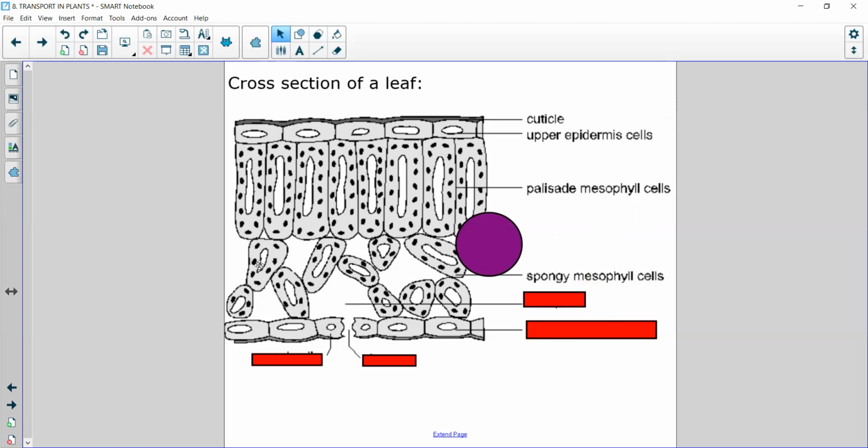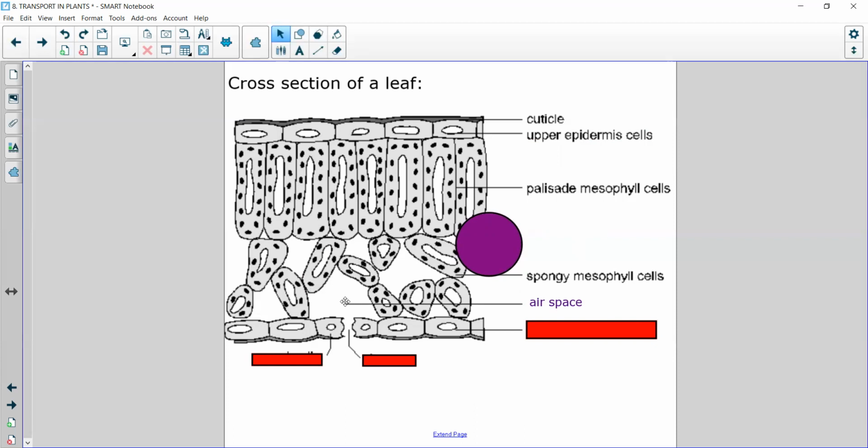Okay, and underneath that, we've got the spongy mesophyll cells, which can carry out photosynthesis. But what's quite important about these cells is you'll notice that this is kind of arranged like brickwork, tightly packed, and this one's not. This one actually has air spaces. And these are really important because the air spaces are where the gas exchange takes place.